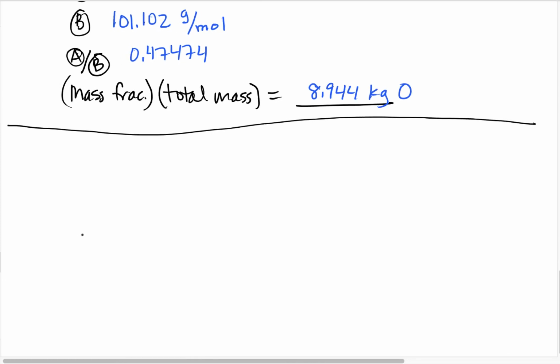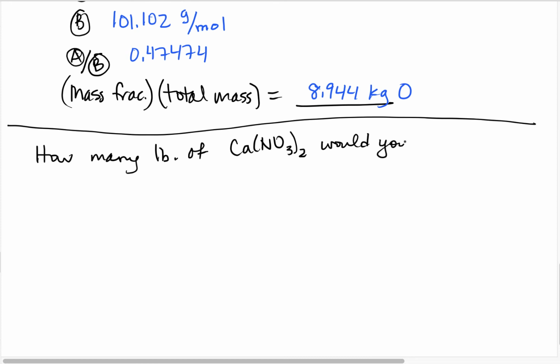What if we say, how many pounds of calcium nitrate would you need to have 25 pounds of nitrate ion? So I guess I actually changed it in 2 different ways.